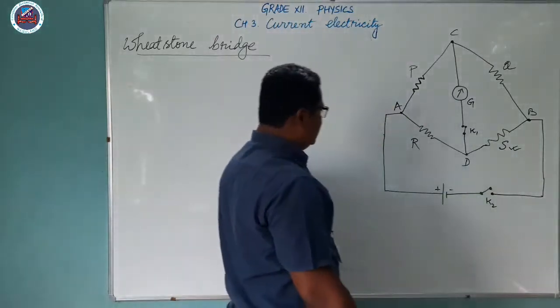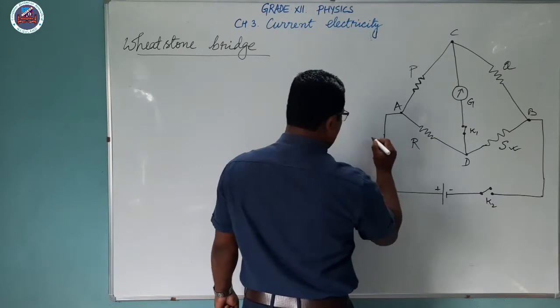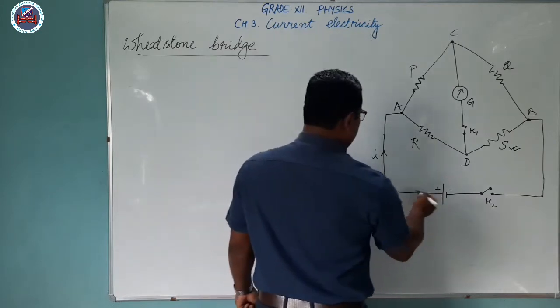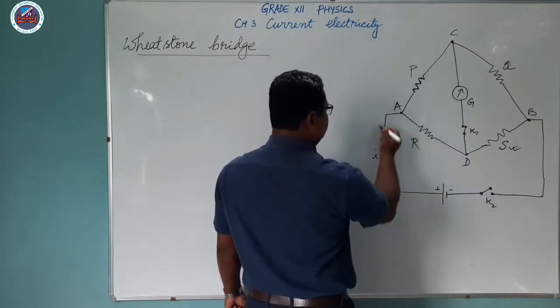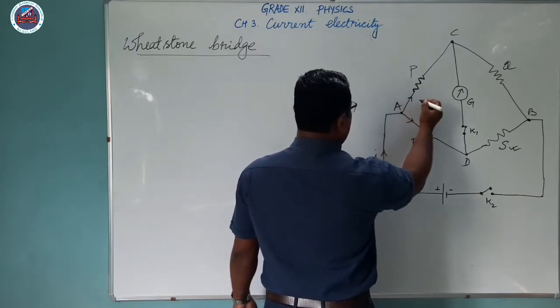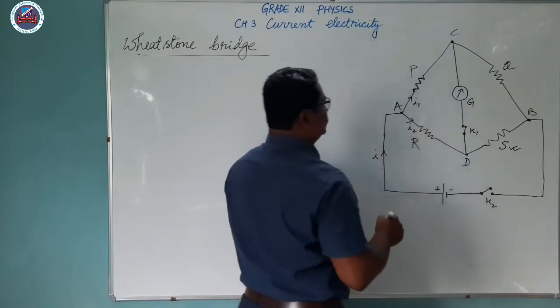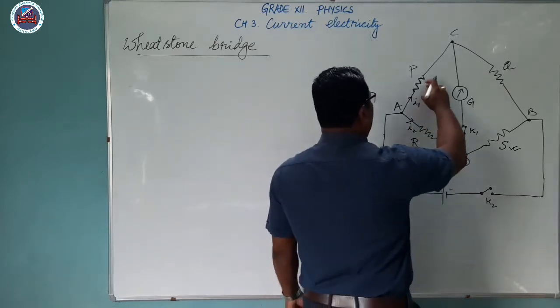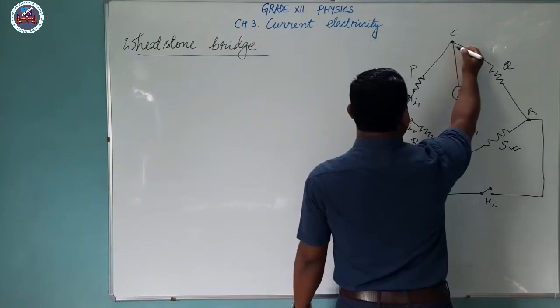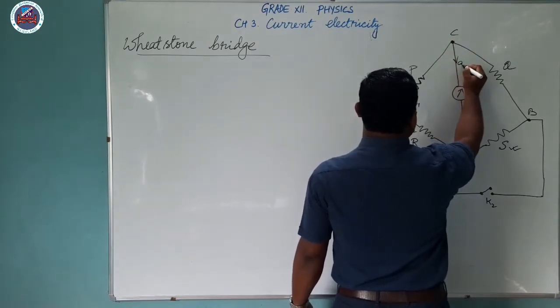Here what we do is, initially we allow the current I to flow in the circuit in this direction. As there is a branch, it gets divided into I1 and I2. Then this current I1 flows and reaches this terminal C. It gets divided into two parts.